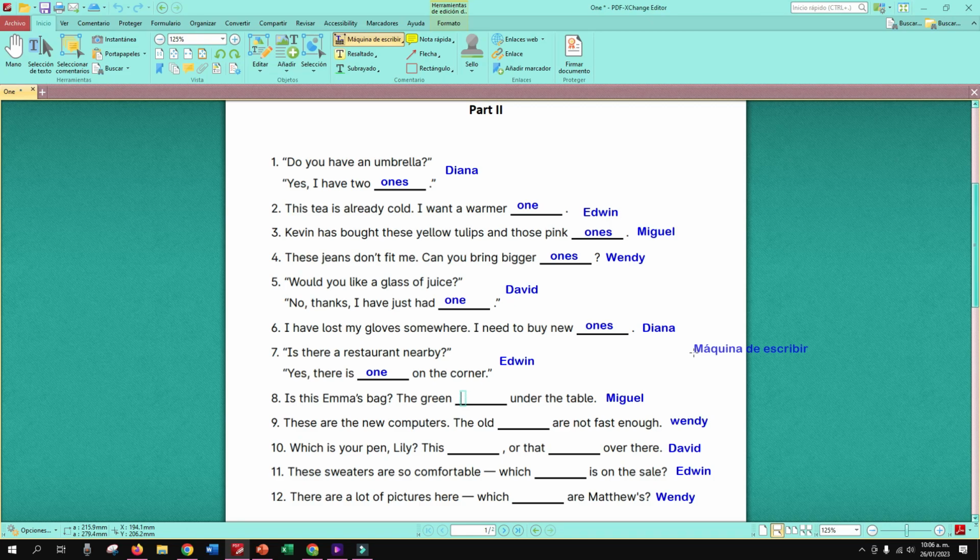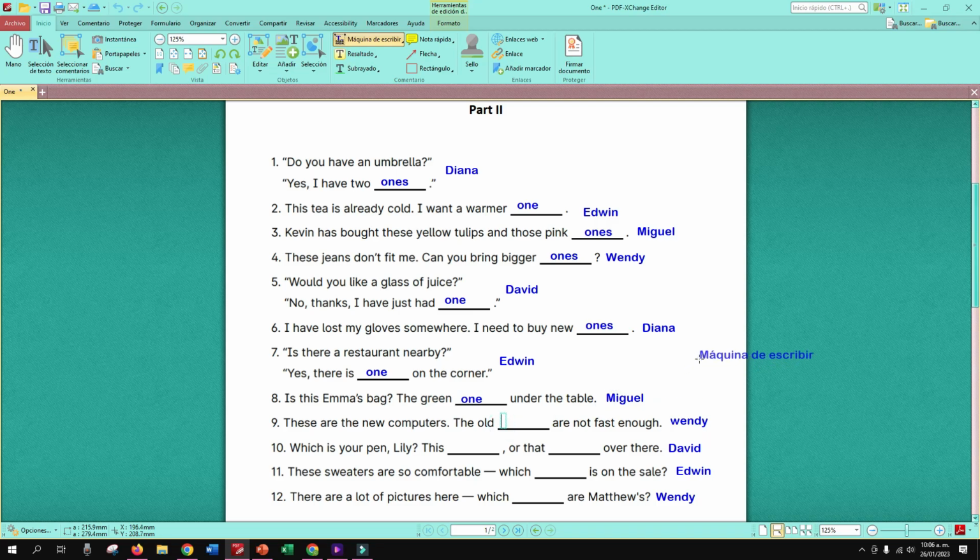It is Emma's bag, the green one under the table. The green one, right? You're talking about what? Emma's bag. Only one, the green one. Perfect. Excellent.